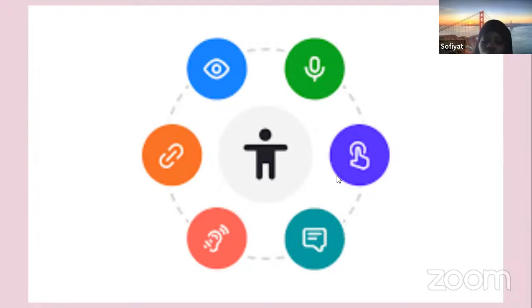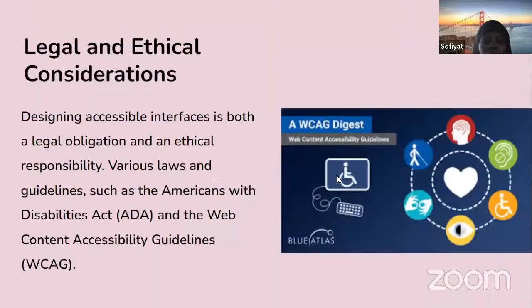So let's go to the legal and ethical considerations. This one has a legal obligation. When you are designing, there is a law that says you can add all this for accessibility for people that are disabled, or for everyone.